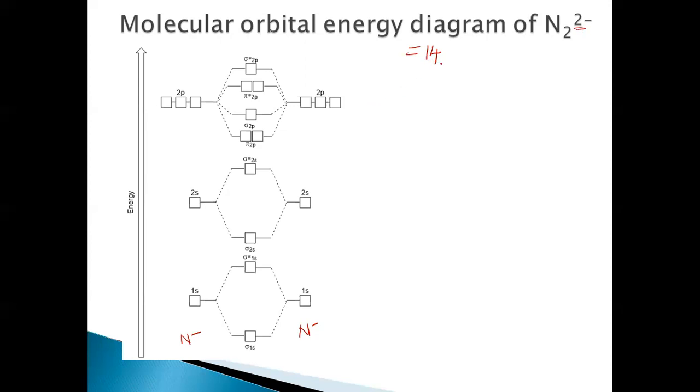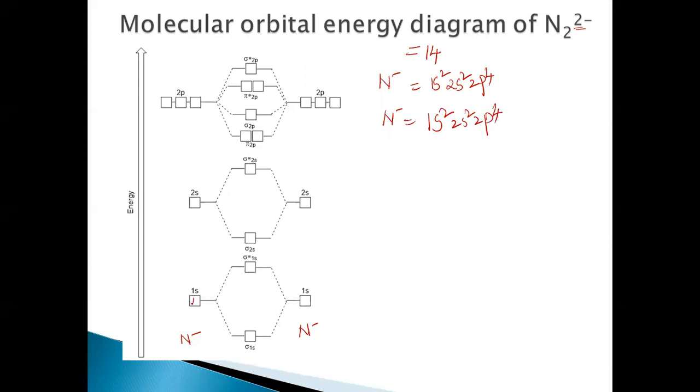So for atomic number 14 or less than 14, the order of filling of the molecular orbitals is the same as for nitrogen, that is the energy of sigma 2p is more than pi 2p. For N minus and N minus, we have one extra electron compared to single nitrogen. So 1s2, 2s2, 2p4. Here also 1s2, 2s2, and 2p4.